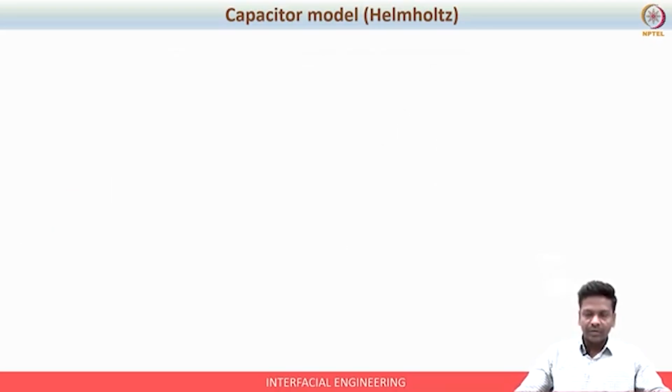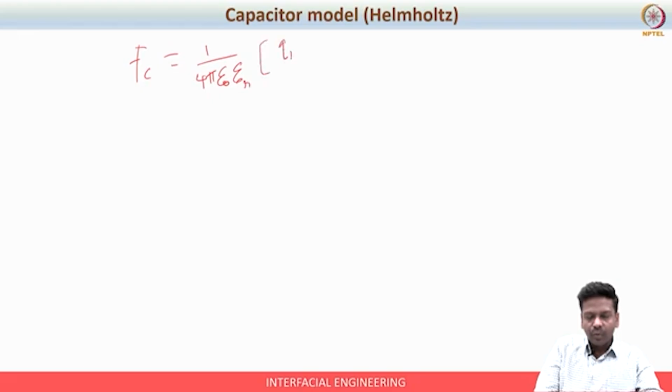So our point of departure will be, we want to see how this potential variation is linear. We know that our point of departure will be the Coulombic force, which comes from Coulomb's law itself, which is nothing but 1 by 4 pi epsilon naught epsilon r into q1 q2 by r square.